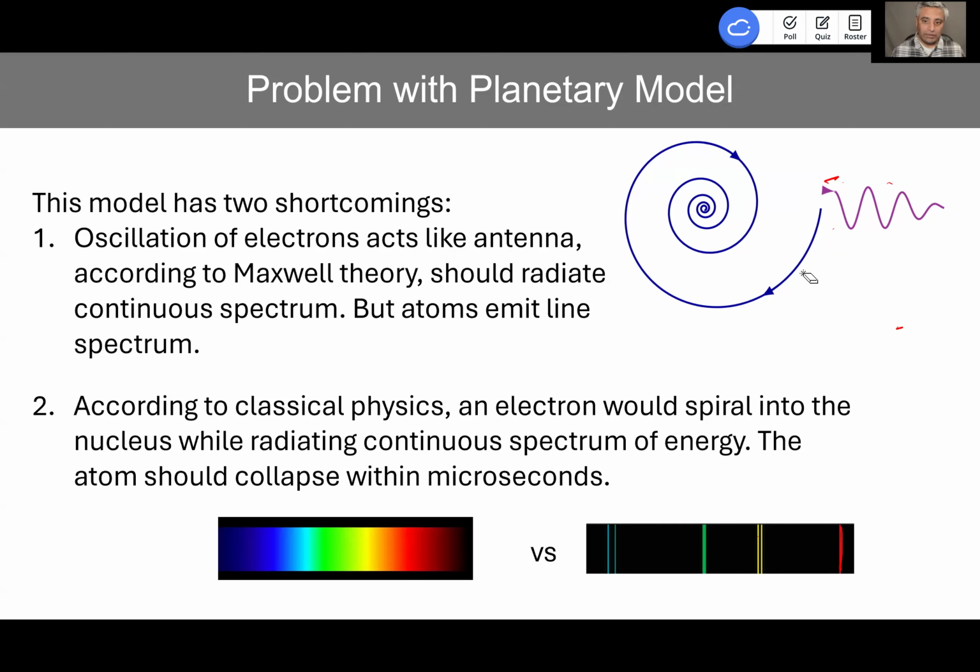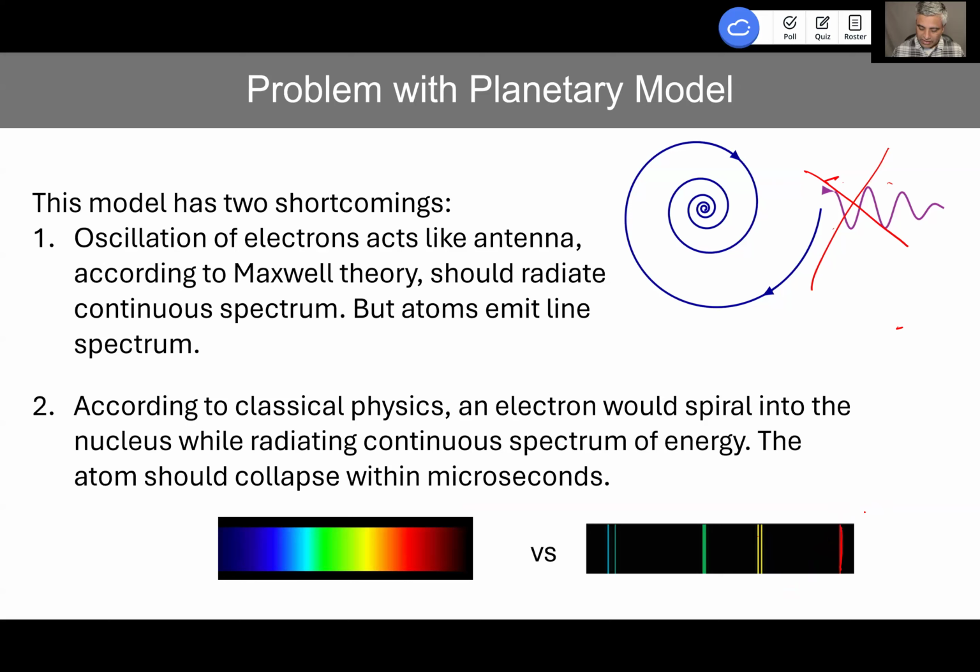So, two problems. Of course, atoms do not collapse, they exist, right? All matter is made up of atoms. So that cannot be true. It cannot be emitting energy all the time like this. And even if it was emitting, it's supposed to emit something like that, but it's emitting this line spectrum, as we call it.